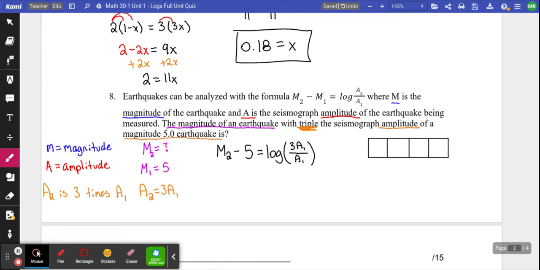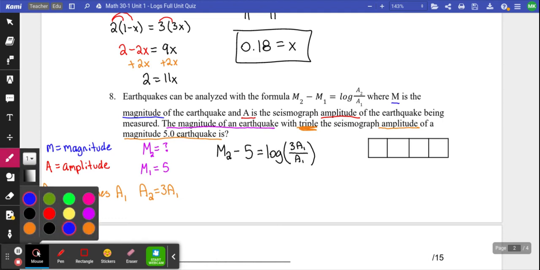I'm saying that A2 is 3 times A1, which gives me this situation where these A1s will cancel out in my formula. So I now just have this: M2 minus 5 equals log of 3.